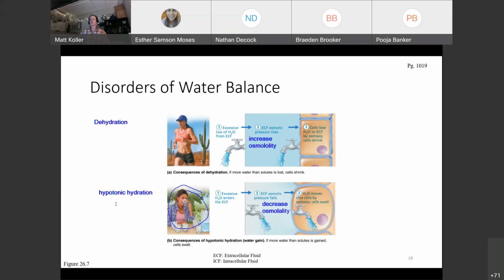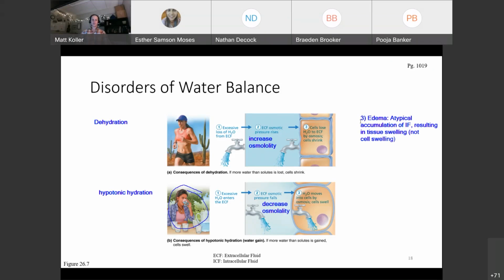Now, we've talked about dehydration, we talked about hypotonic hydration. There is a third issue, and that is edema. So edema, here's your definition. Atypical accumulation of interstitial fluid, resulting in tissue swelling. And this is not cell swelling.